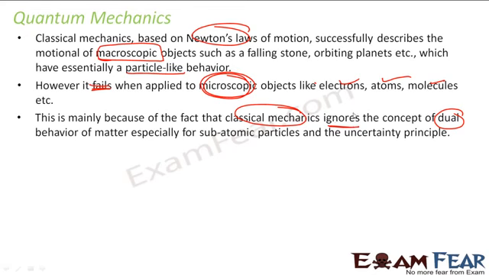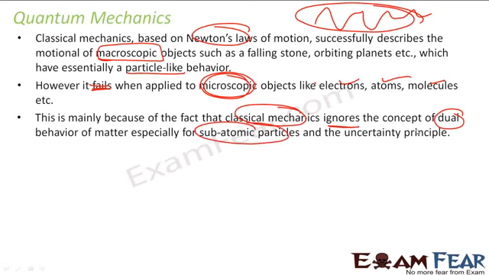So it ignores the dual nature, and for subatomic particles, the wave nature also plays a dominant role. Since this part is neglected, you get invalid results. So classical physics is not able to answer a lot of things at the subatomic particle level.